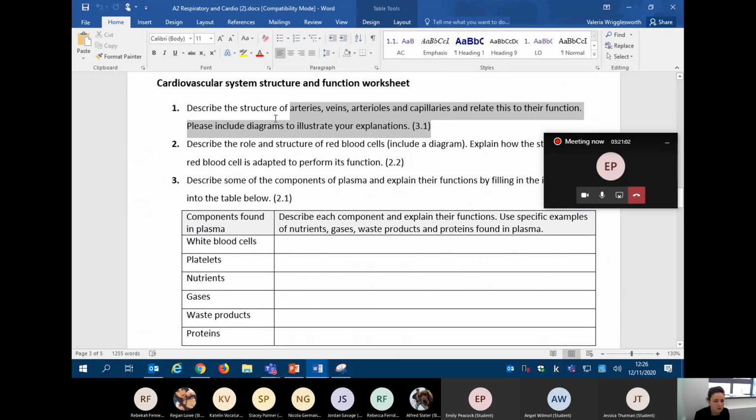What we've covered today is question 1: describe the structure of arteries, veins, arterioles and capillaries and relate this to their function. Please include diagrams.